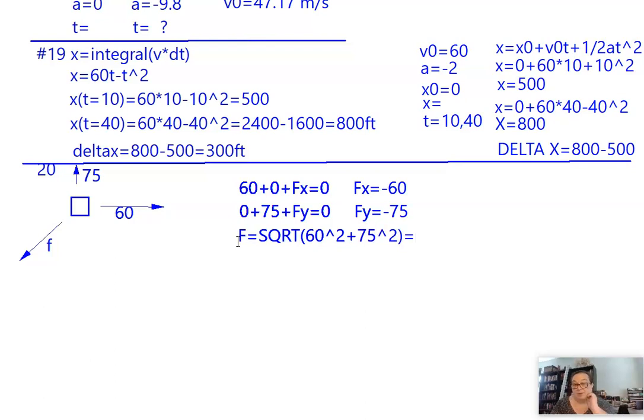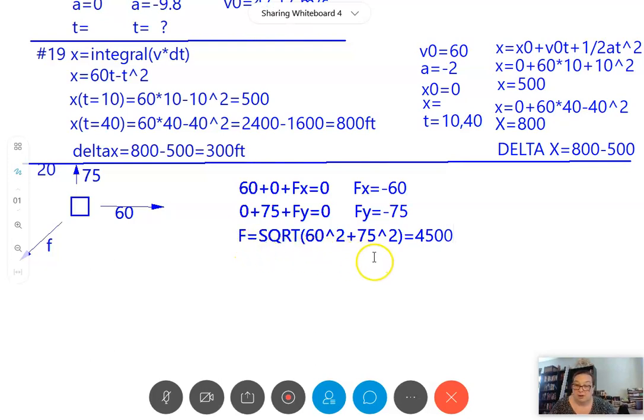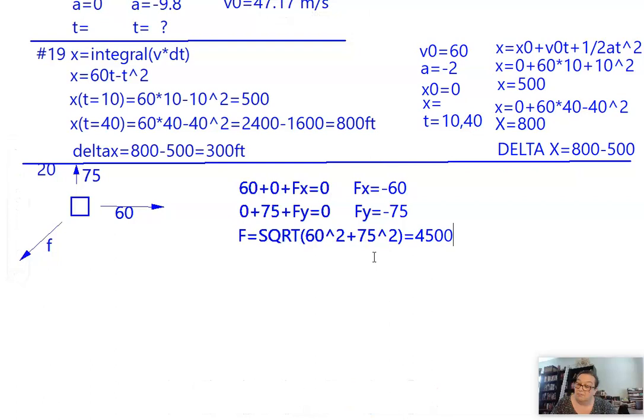And when I plug that into my calculator, I get 4,500. Did I do my square root? Yeah, that doesn't seem right. Let me check that again. Something's not right there. 60 squared plus 75 squared, and then the square root of that answer.